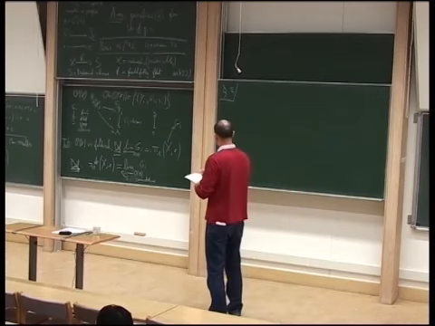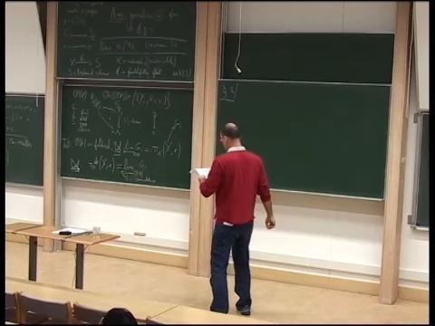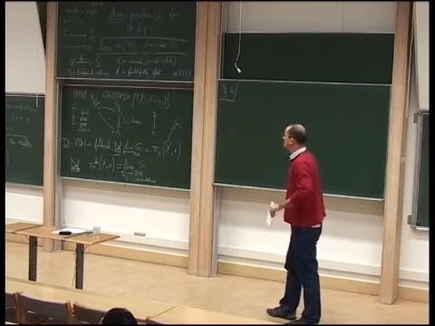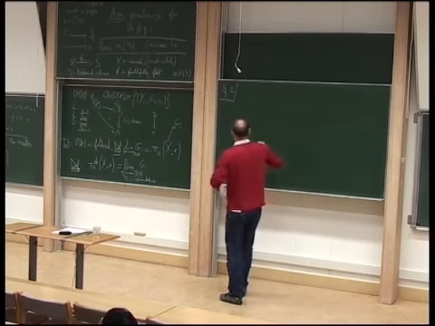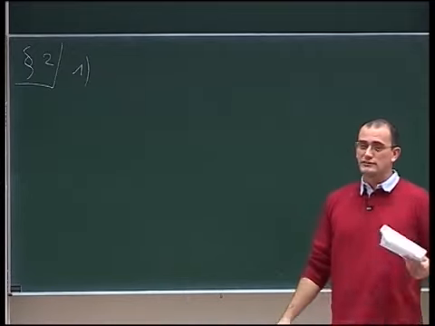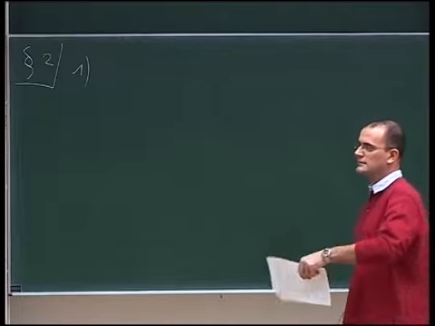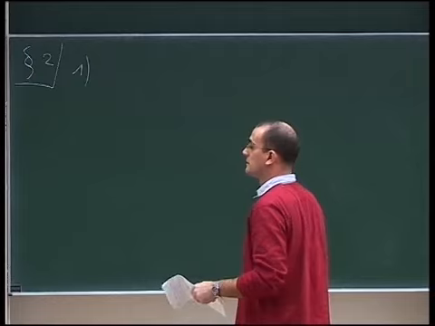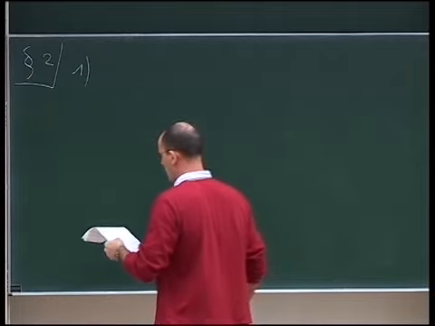I will state the main results, but before that I need some additional assumptions, which may seem very strong, but in many relevant cases that I will describe, this is always true.